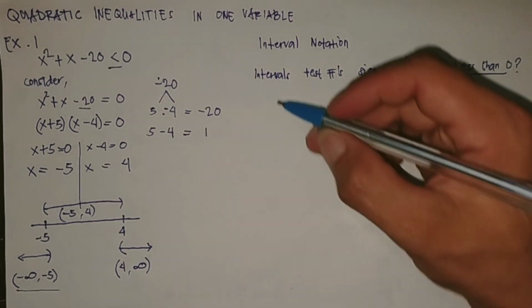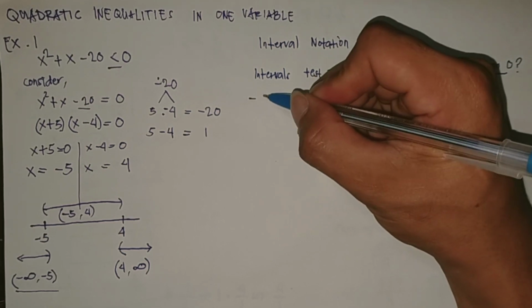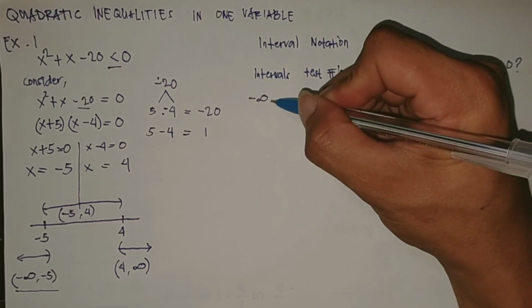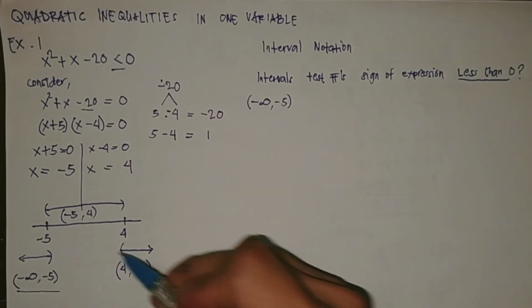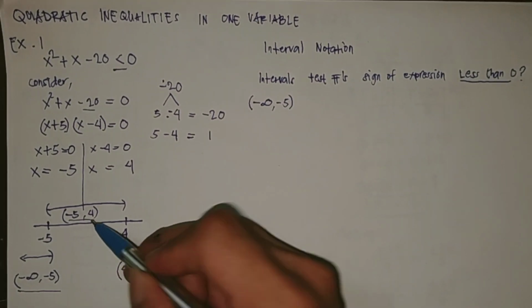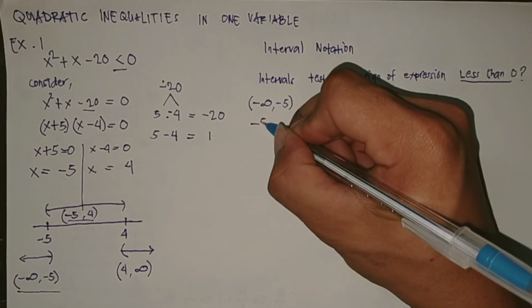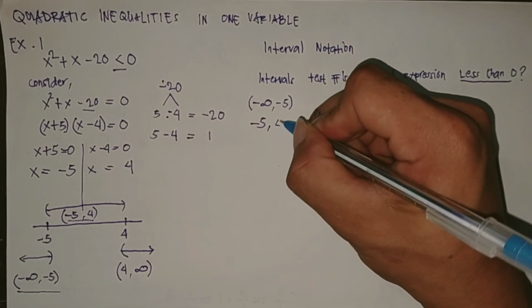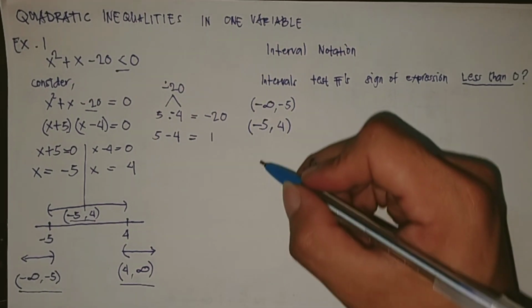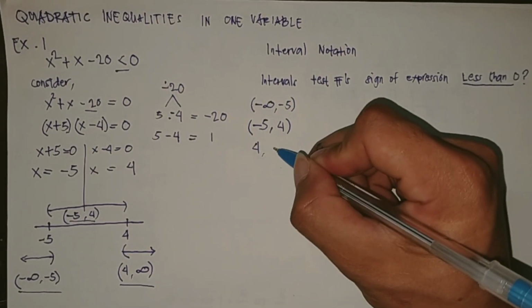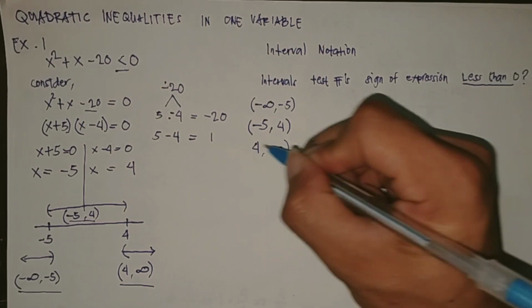Let's write the intervals: negative infinity to negative 5. We have another interval of negative 5 to positive 4, and another interval positive 4 to positive infinity.